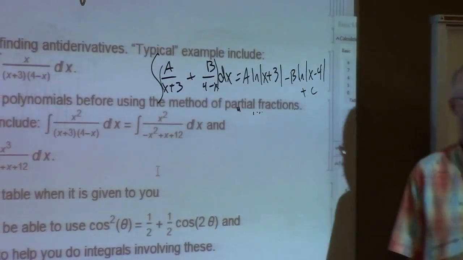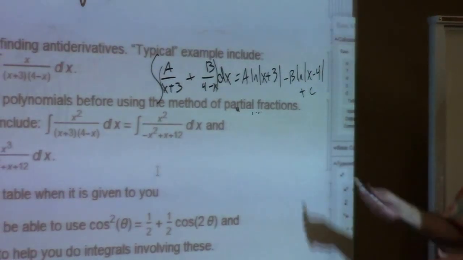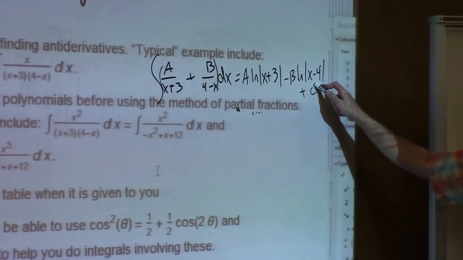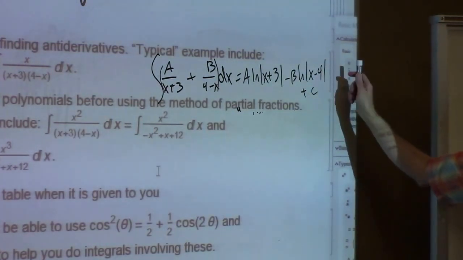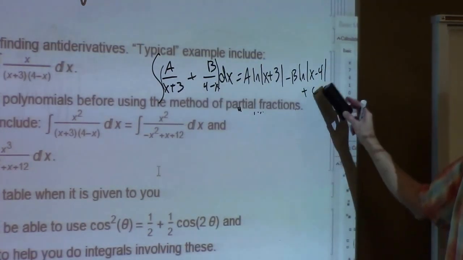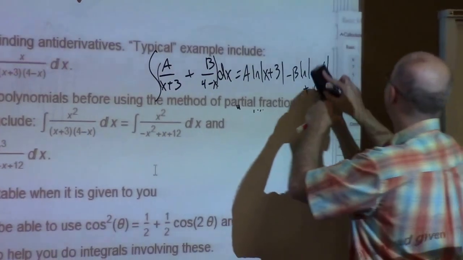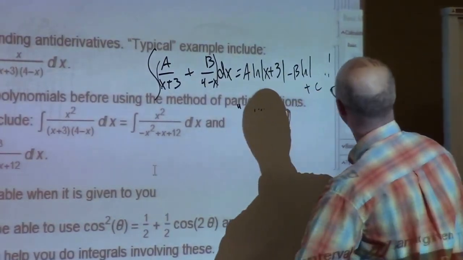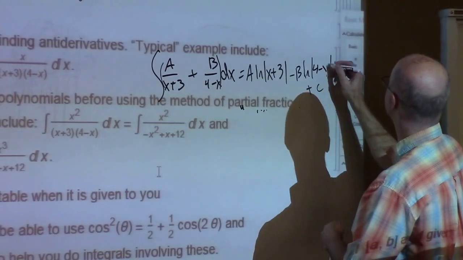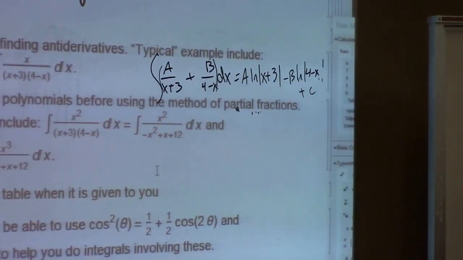You could imagine differentiating this and realizing that because of the chain rule you get an extra factor of negative 1.